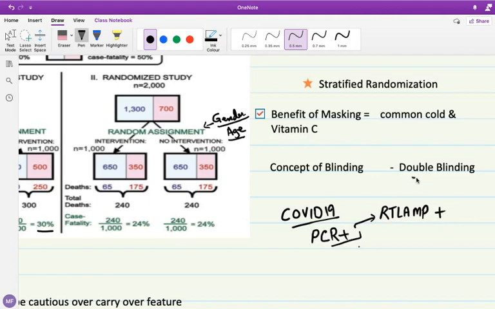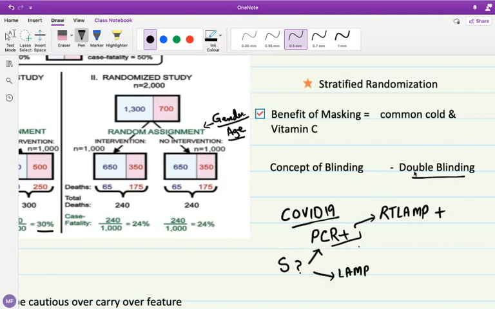But in case of double blind, the sample in question is again given for PCR and LAMP, and neither me nor the other partner who is working on the same project is aware of the status of this sample.